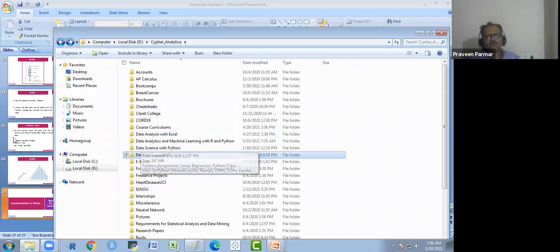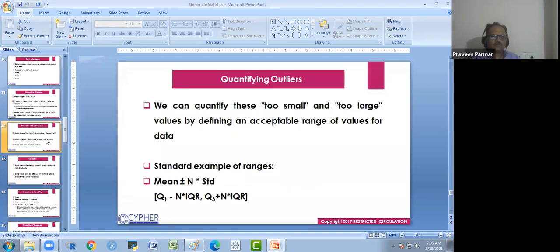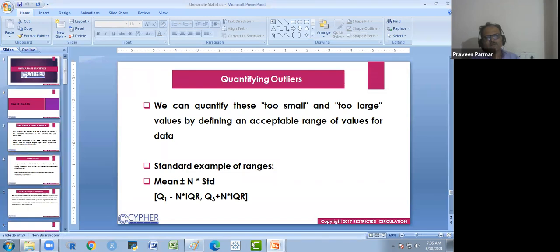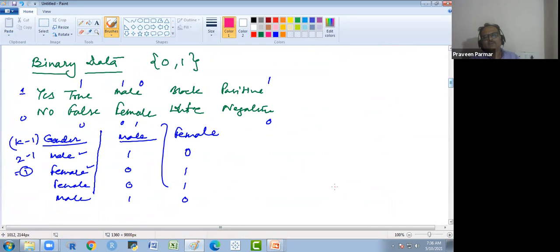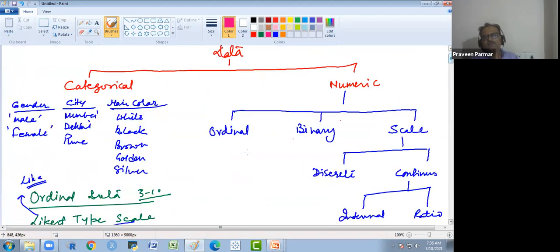So I will share that sheet also as a PDF, where I have explained the various classifications of the data. But here in the session, I have explained the hybrid classification, which will not cause you any confusion. So we have seen categorical data, then numeric data. We have seen the ordinal data, binary data.